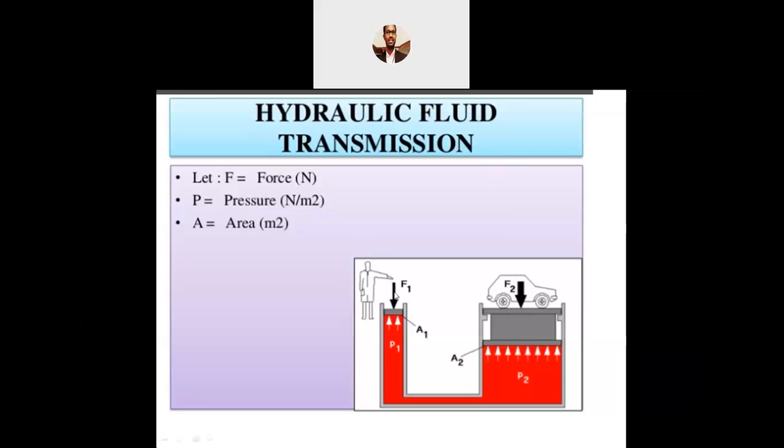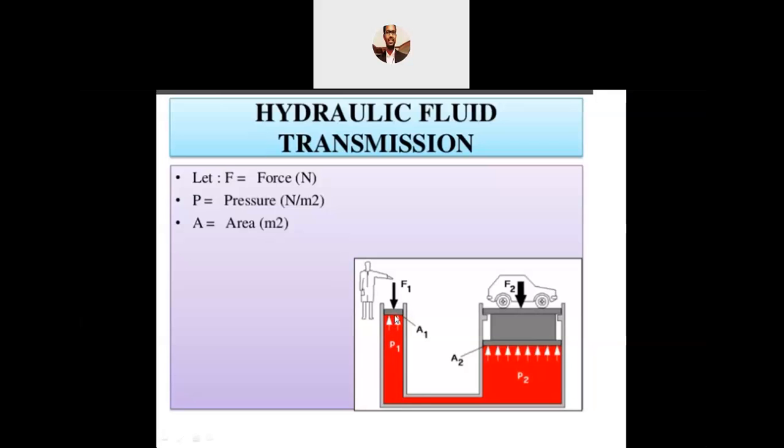So whatever force F1, the newtons of force you are applying here on the plunger, will be transmitted to the fluid. That means mechanical power is being converted into fluid power, and this pressure is transmitted completely and undiminished.